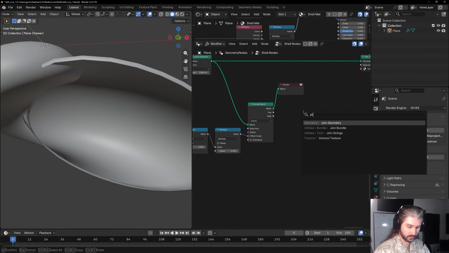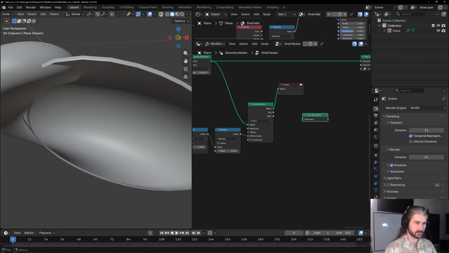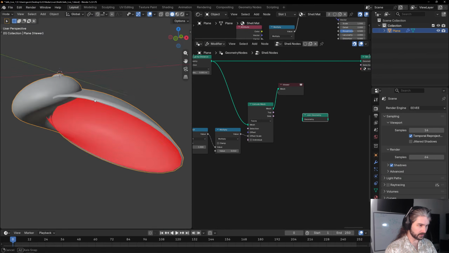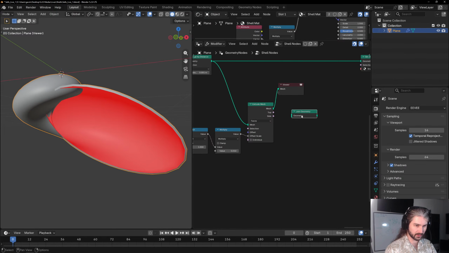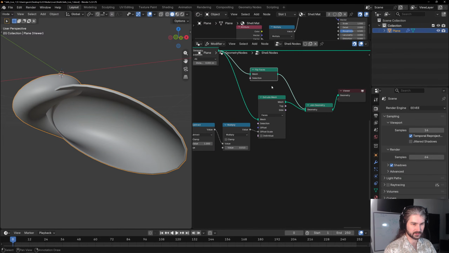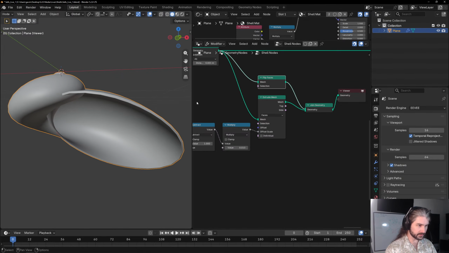Now we want to join our geometry. Let me just check the face orientation real quick. Okay, face orientation is correct. We're going to join that with the original geometry. We're going to need to flip the faces of the original so that the interior has the correct normals.